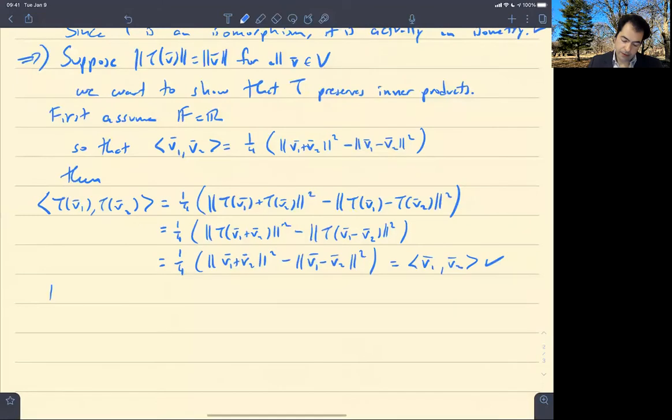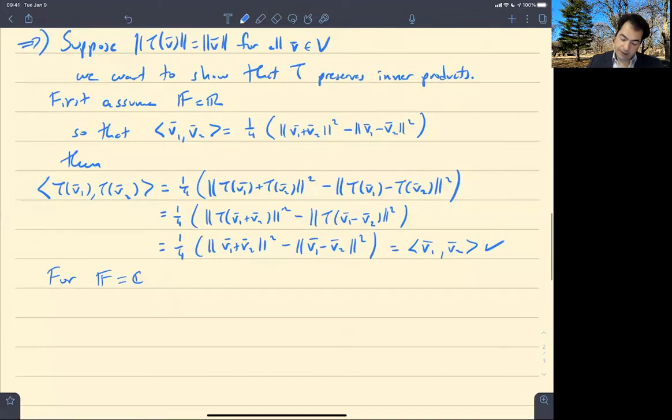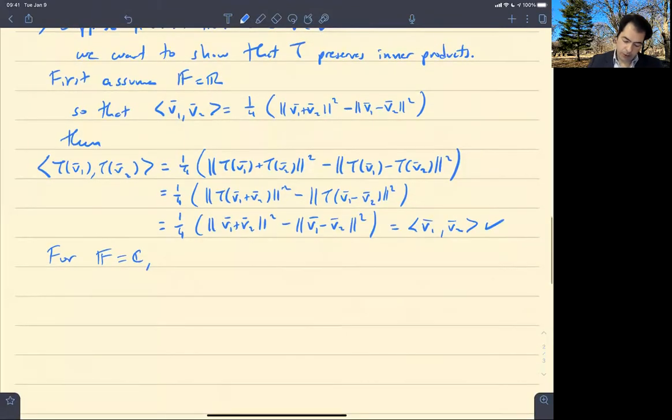If you're working with the complex numbers, then there's also a formula for the inner product in terms of the norm. It's slightly longer, but here we go.